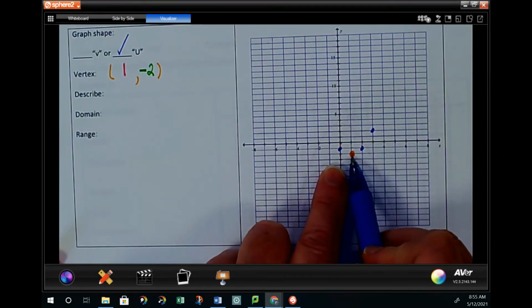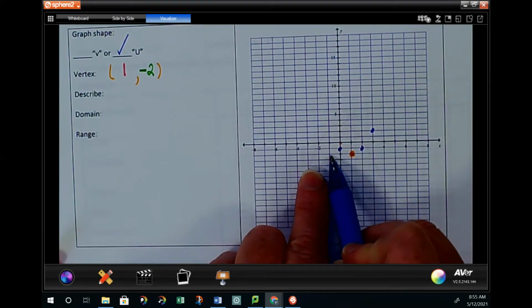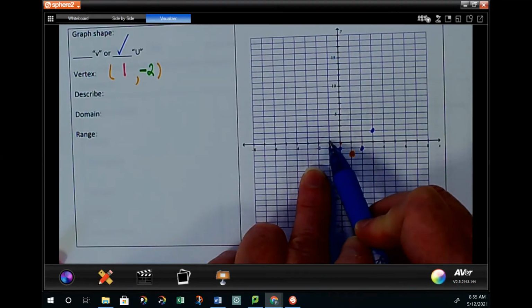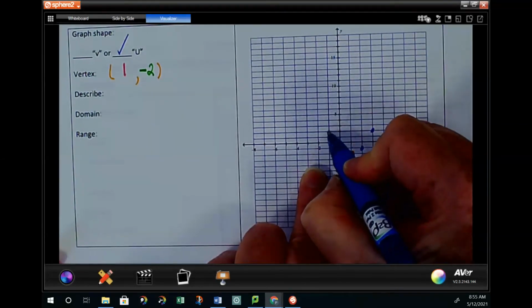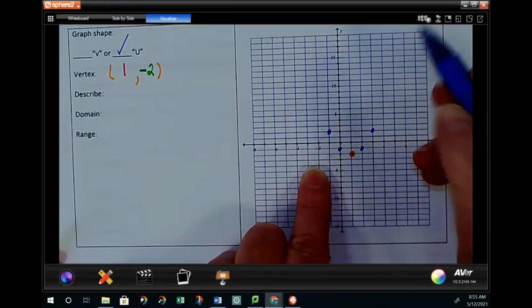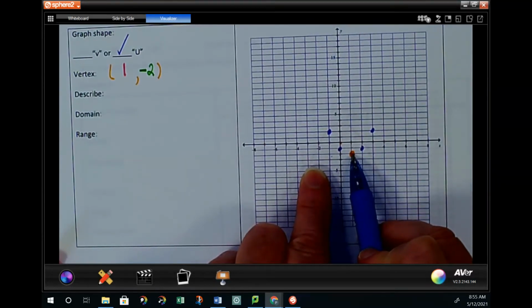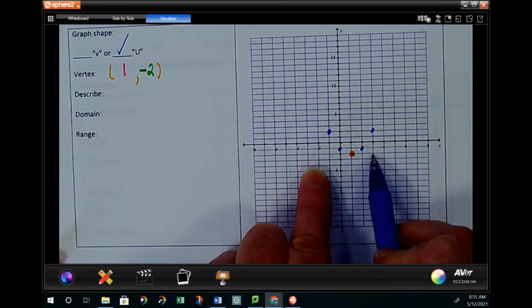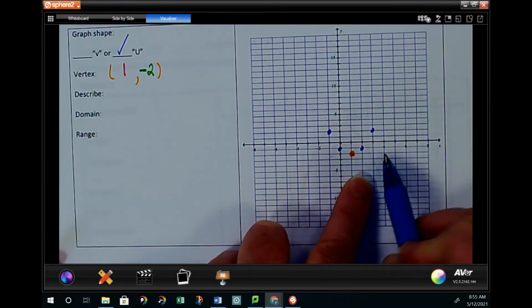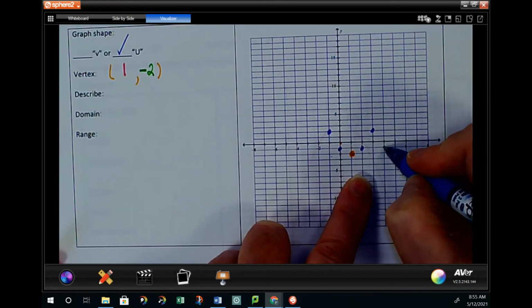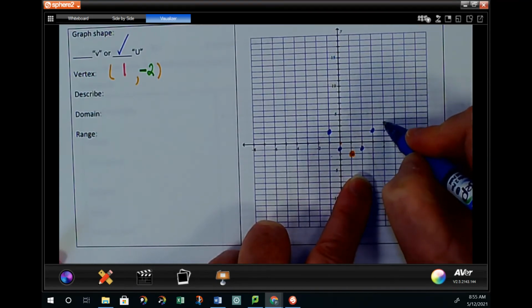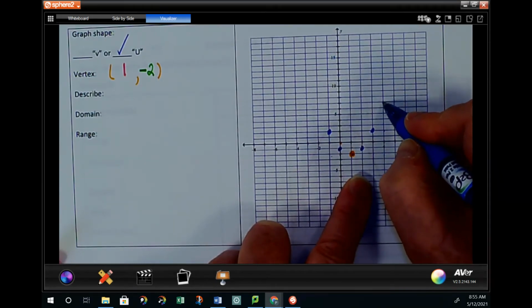And negative 2 times negative 2 is positive 4, so 1, 2, 3, 4. From my vertex point, I'm going to move to the right 3: 1, 2, 3. And 3 times 3 is 9, so I have to move up 9: 1, 2, 3, 4, 5, 6, 7, 8, 9.